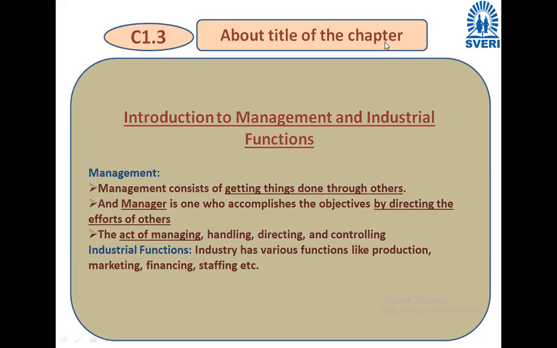You have to purchase raw material, give salary to people, and pay the electricity bill and water bill. Staffing is one of the activities, like recruiting people. Staffing means recruiting people for the right job. So there are so many functions. I have highlighted them, and out of these functions, we are going to discuss the marketing function and production function in this unit. I hope you got the concept of industrial functions also.